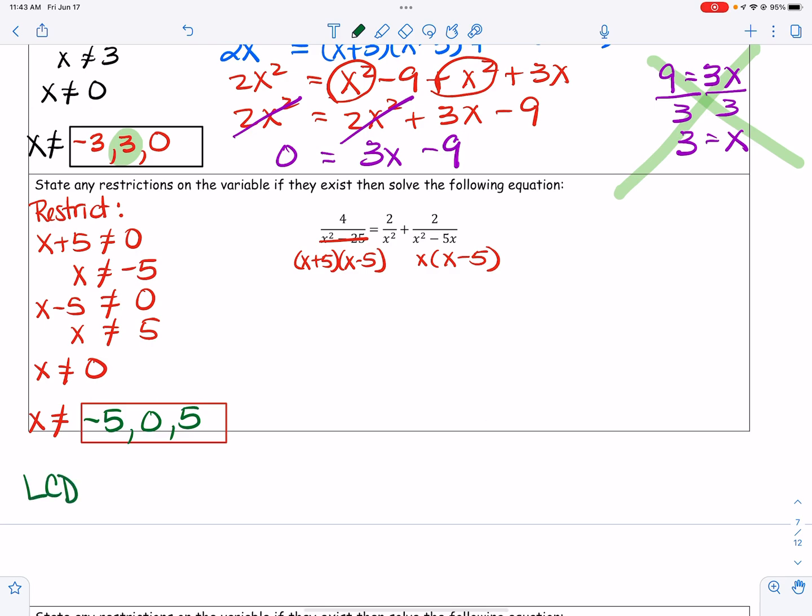My LCD, I need 1x plus 5. I need 1x minus 5, and then I need 2 x's to make x squared.